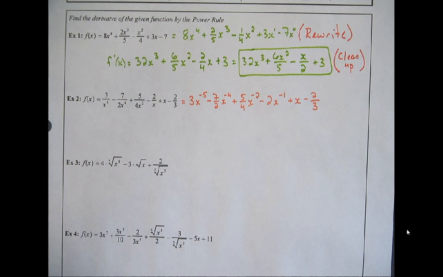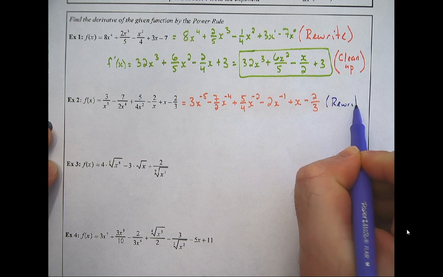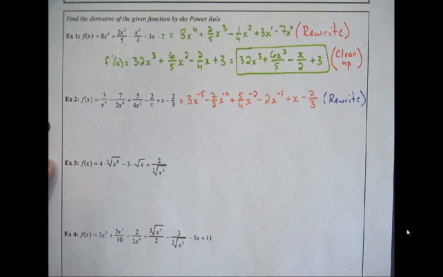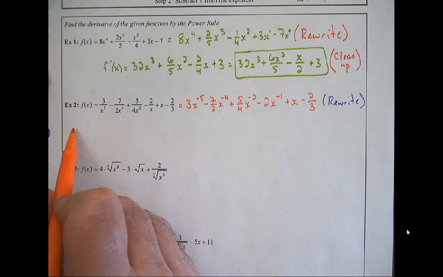What's this called again? This is called your rewrite. This is called a rewrite. You've taken your function and you've rewritten it in a format that you can now do the derivative shortcut or the power rule. So let's go ahead and calculate that.